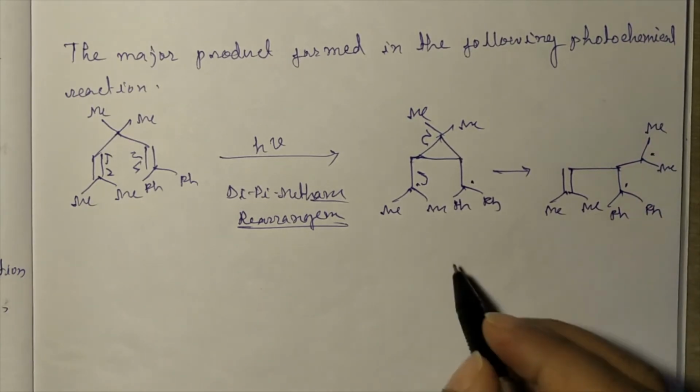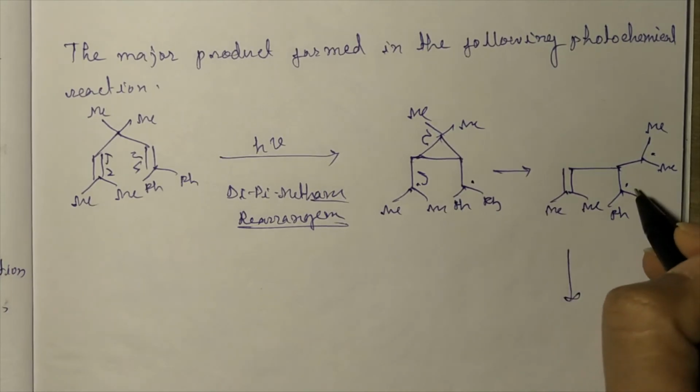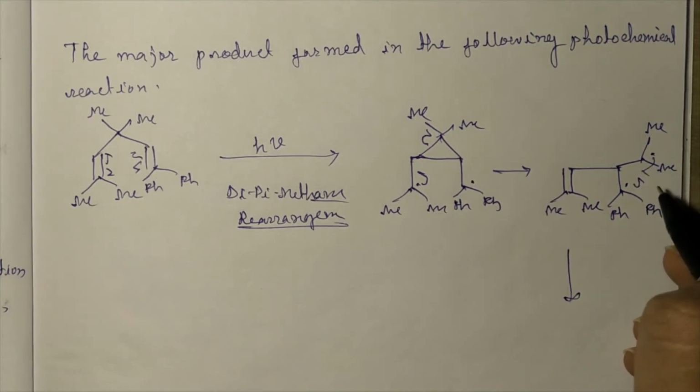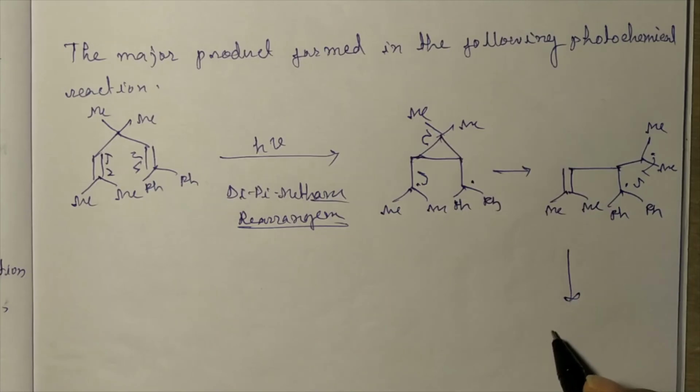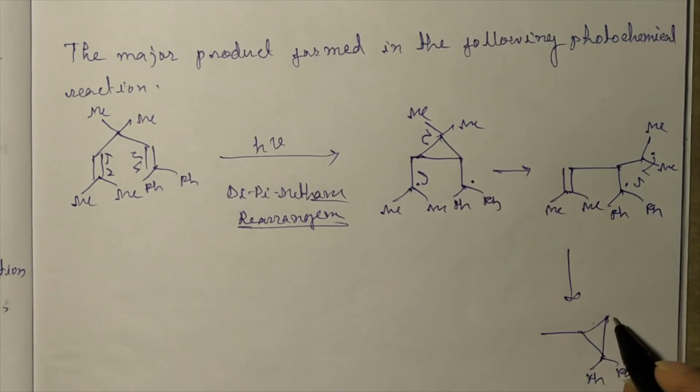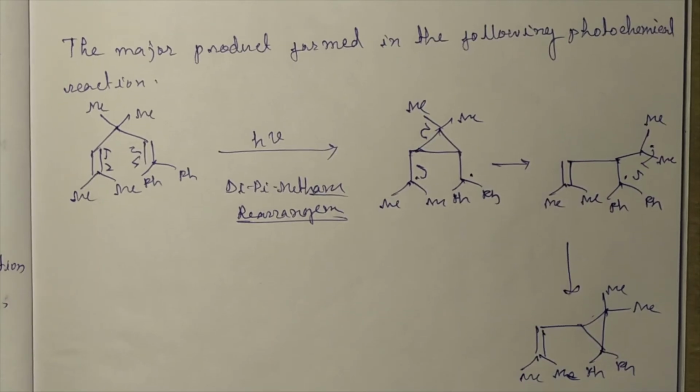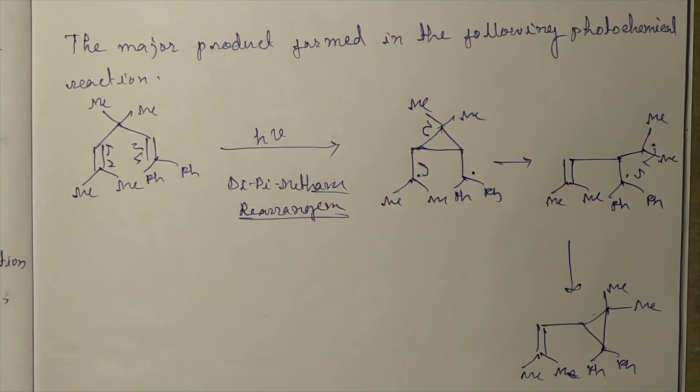Now these two radicals will undergo coupling to produce another 3-member cyclopropyl ring. So this will be the product. This reaction is known as di-pi-methane rearrangement.